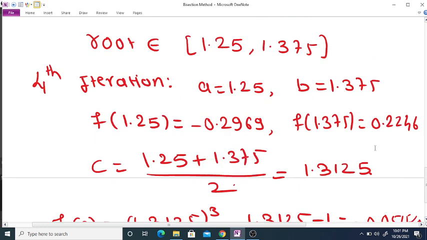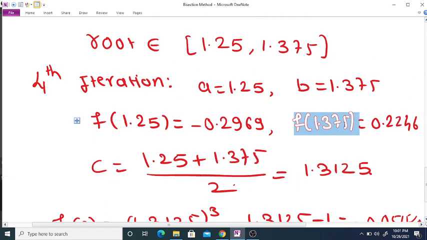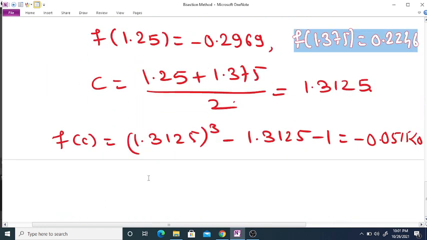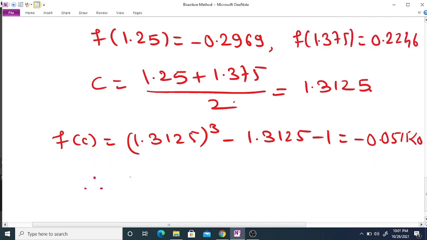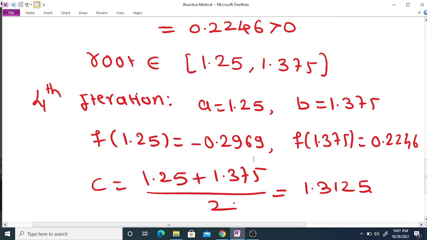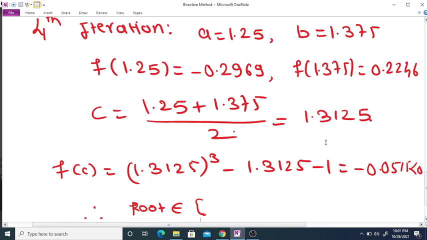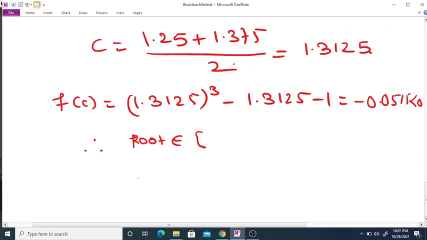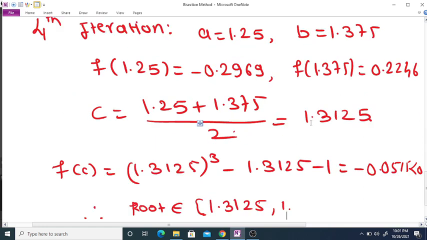The previous positive is 1.375, and therefore the root lies in the interval 1.3125 and 1.375.